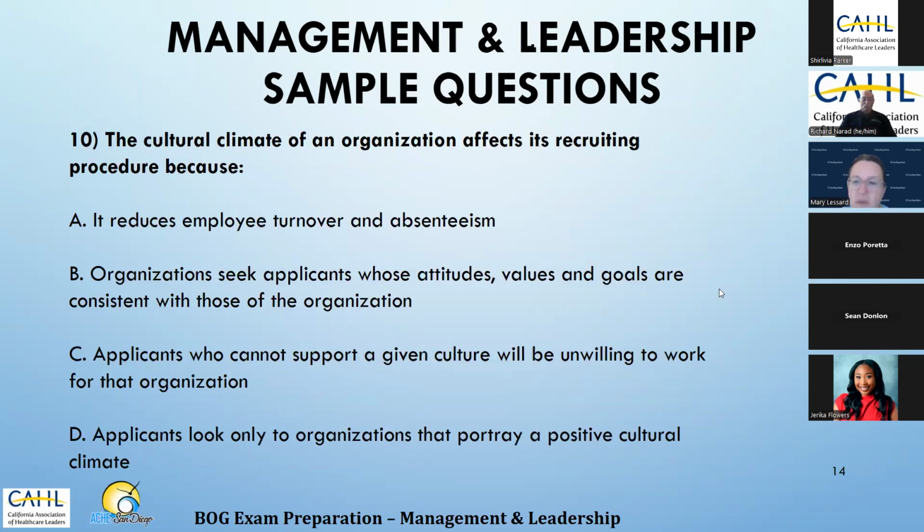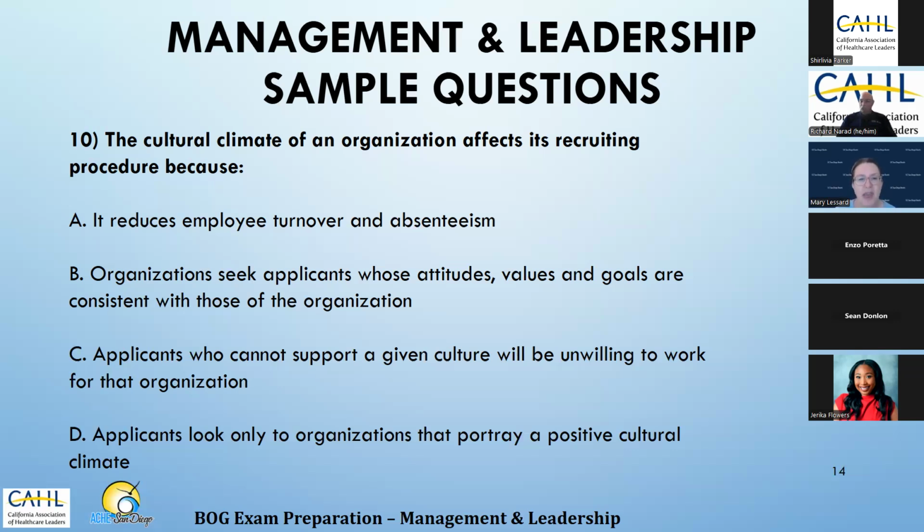Okay, three more questions, and I think we've got just enough time. The cultural climate of an organization affects its recruiting procedure because A, it reduces employee turnover and absenteeism. B, organizations seek applicants whose attitudes, values, and goals are consistent with those of the organization.